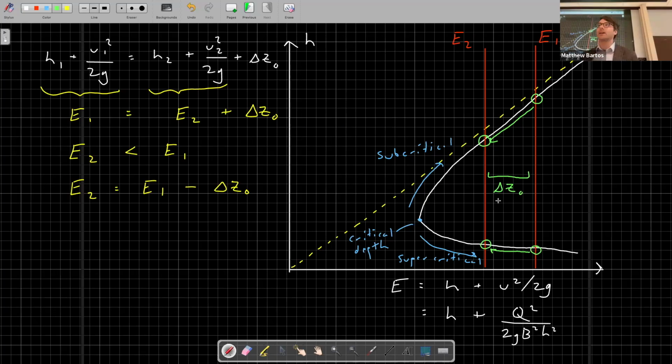So looking at this diagram here, why was my original question to you a trick question? I asked you for flow in an open channel that encounters a transition in the bottom elevation, is the water surface going to go up or down? Why was that a trick question? It could be either one. It depends on what?